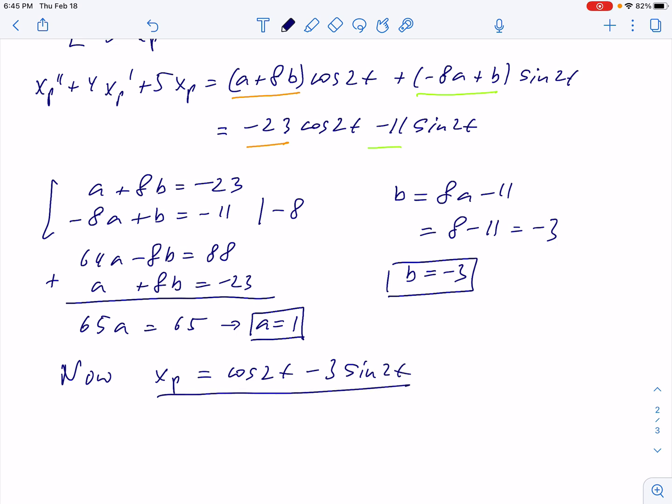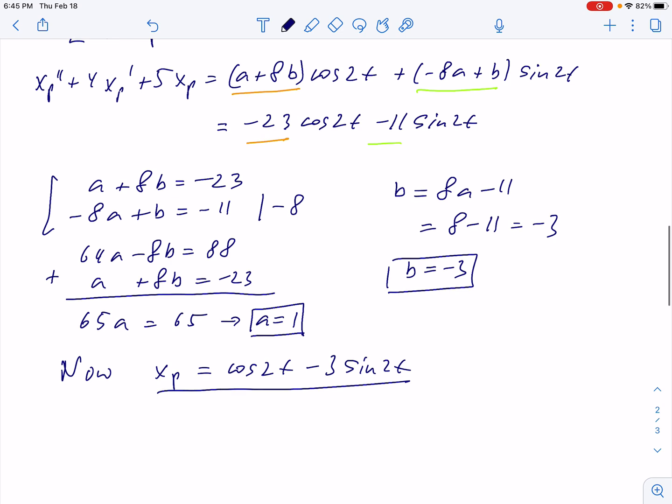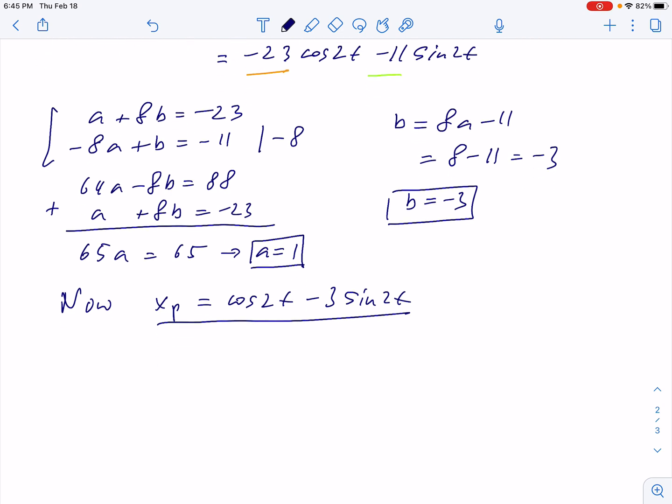So this function satisfies our differential equation. This is the end of step 2. Here comes step 3. I write the general solution for the non-homogeneous equation. It's always written this way: X equals xp plus x sub h. The particular solution we found in step 2 plus the general solution of the homogeneous from step 1.